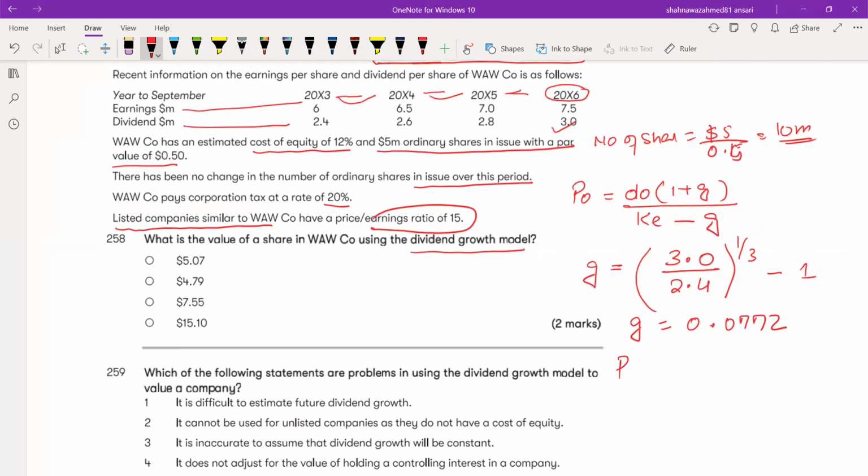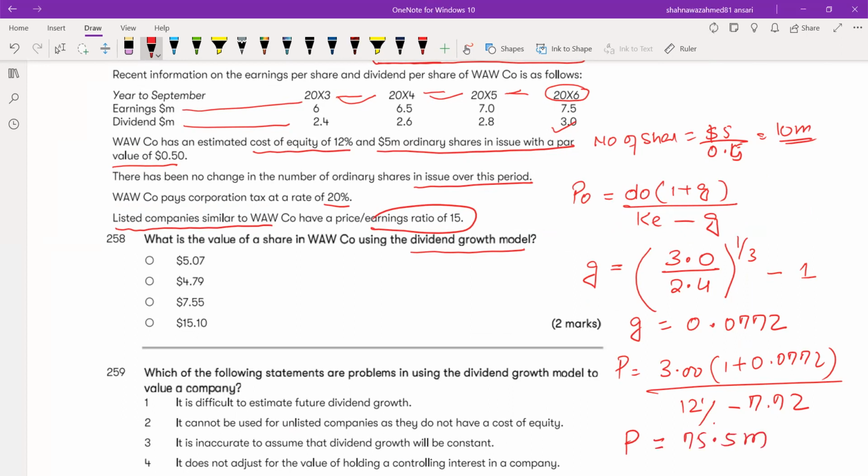Put it in the above formula. Current dividend is 3 million, times 1 plus 0.0772, over cost of equity, which is 12%, minus 7.72%. So the value of the business is 75.5 million.